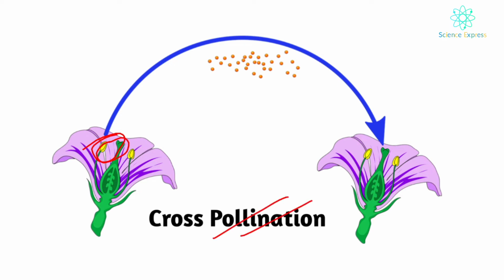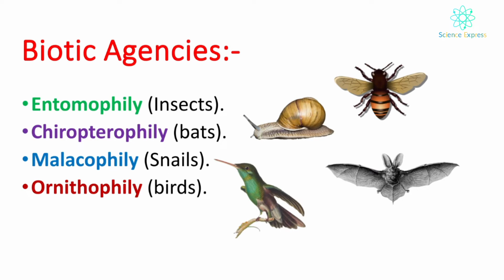Okay. Now cross pollination is performed with the help of an external agency. Clear? So cross pollination is named after the agency that assists it, like entomophily, chiropterophily, malacophily, ornithophily and so on. Clear? And also anemophily and hydrophily, but here we discuss the biotic agents. Agencies are of two types.